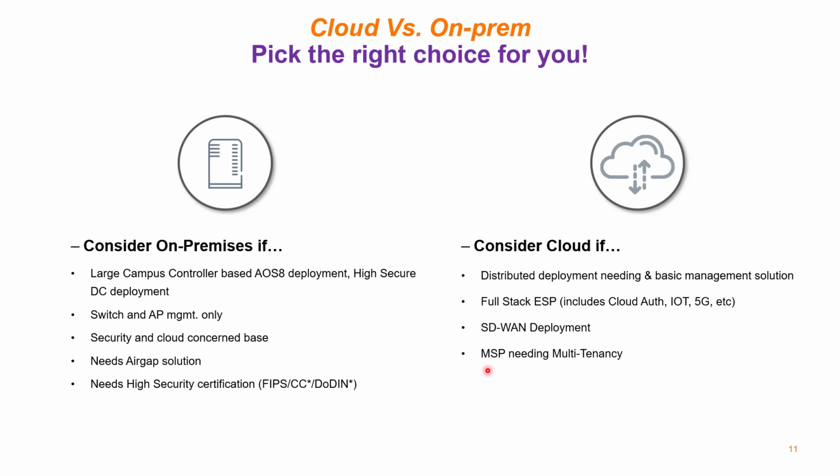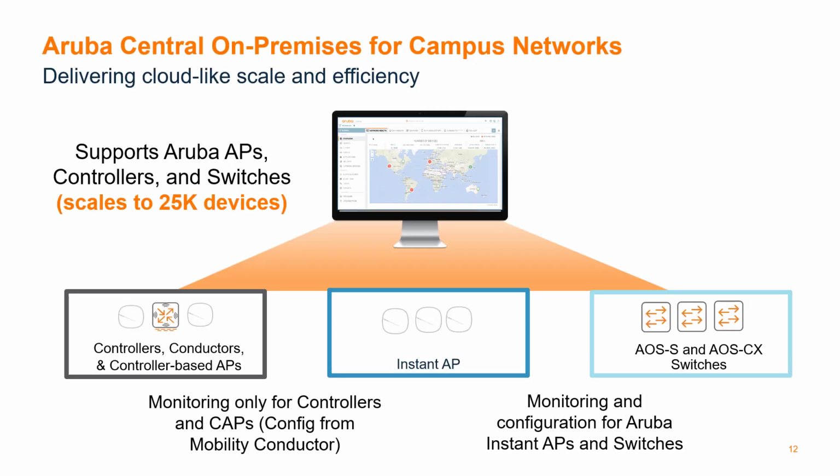And MSP, which is managed service provider. It means, for example, if you are a service provider company that operates and has, say, schools or businesses, you look after their network.